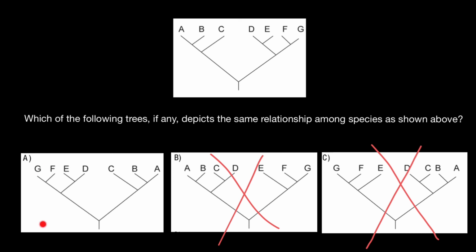The relationship in this picture is absolutely the same as in this picture, and this tree is just a mirror reflection of this tree. And this cladogram depicts the same relationship among species as shown above.